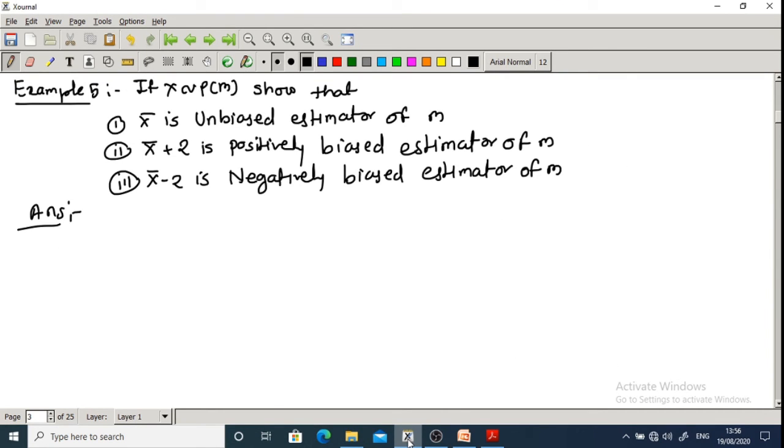Example number 5 is, if x follows Poisson distribution with parameter m, then show that number 1 is x bar is an unbiased estimator of m. Number 2 is x bar plus 2 is a positively biased estimator of m. And number 3 is x bar minus 2 is a negatively biased estimator of m.